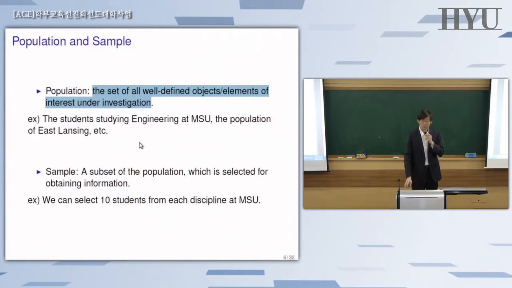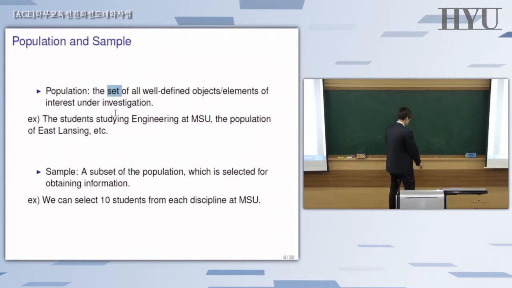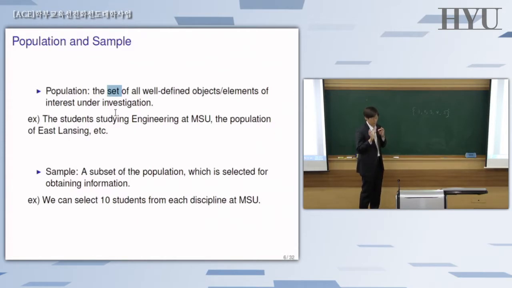Does everyone know what a set is? You know what a mathematical set is. A mathematical set is something like this, a collection of numbers. It could be one example of a set, a very simple one.